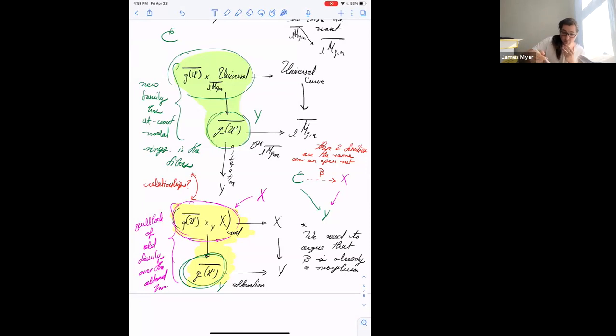Sure, go ahead and do this. But if you do that, you might ruin the stability of this family. We worked very hard to make this a stable family of curves. So if you start blowing up along some non-reduced indeterminacy locus, you could completely ruin that. So we don't want to do that necessarily. We prefer not to disturb C at all and just hope that this is already a morphism.